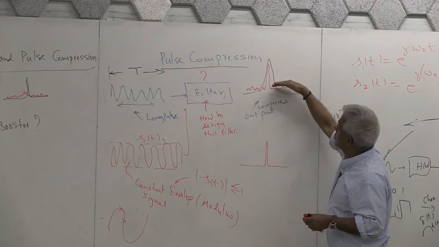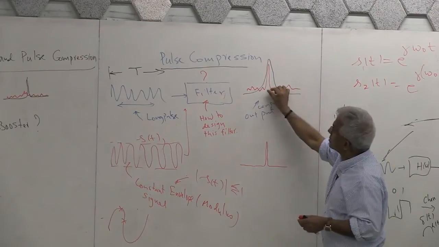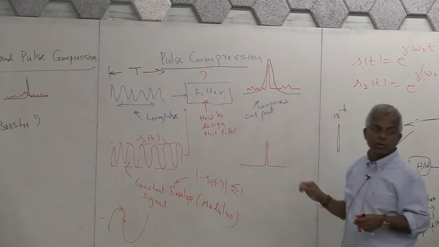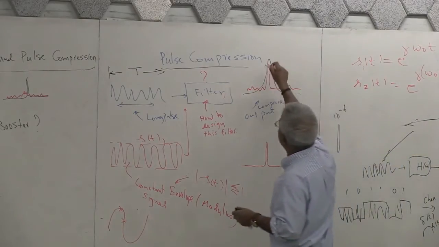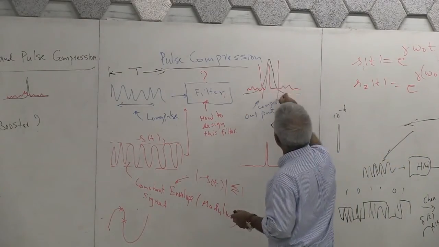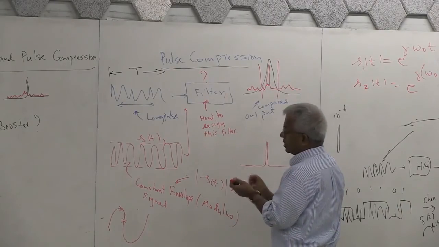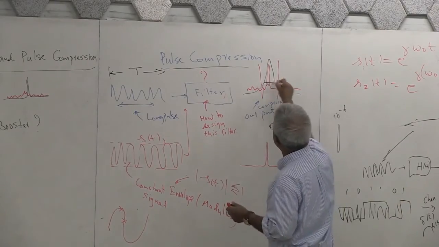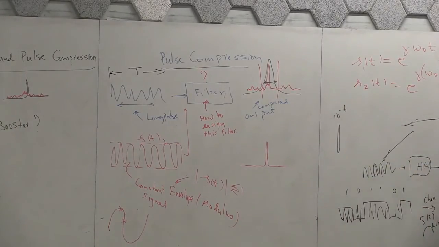Suppose this side lobe is already 30 dB down, then these glitches may not matter. Generally, what matters is the main lobe. So if you make a definition for how to define the main lobe of the red one and the black one, then you can see that the red one is, of course, a better compressed pulse.